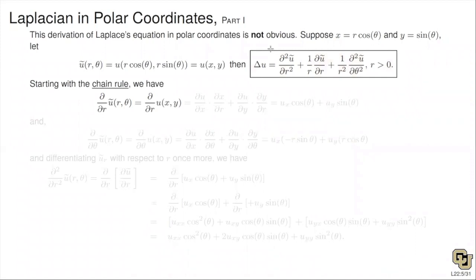In the homework, what I had you show was if you calculated this in terms of x and y coordinates, that looks like the Laplacian in rectangular coordinates. So it's not a trivial problem. It's not easy to see that this is the Laplacian in polar coordinates. And even the way we show it, we do it backwards.